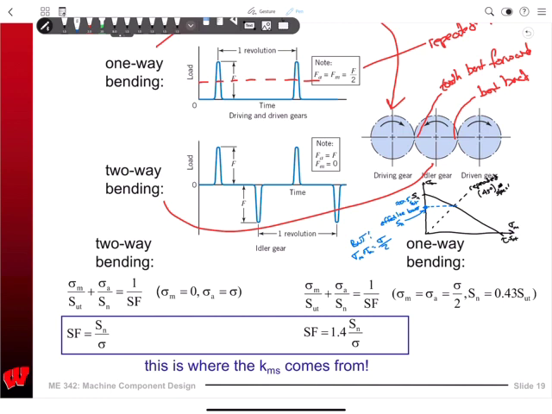The stresses work out to be about 0.43 of the ultimate tensile stress. Divide that by 1 over 0.43 is about 1.4, right? So that's why, because while we did reduce the endurance strength by a little bit, we also cut the alternating stress in half. So it works out to be about a 1.4, right?